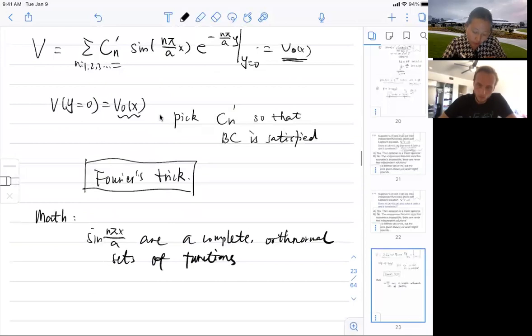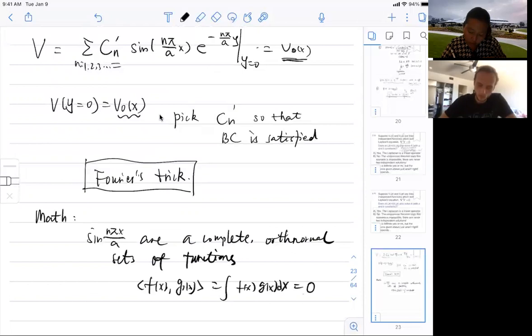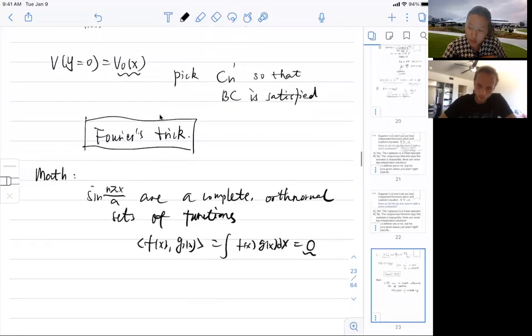When they are orthogonal, it means the integral of f(x) g(x) dx is 0. Sine functions are such functions that they are orthogonal to each other.